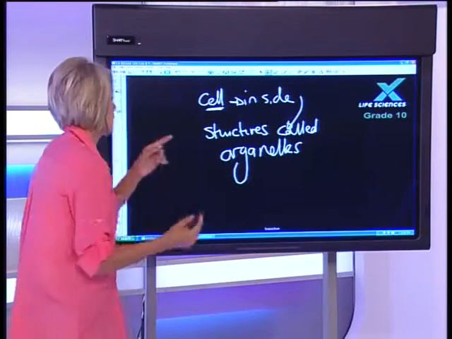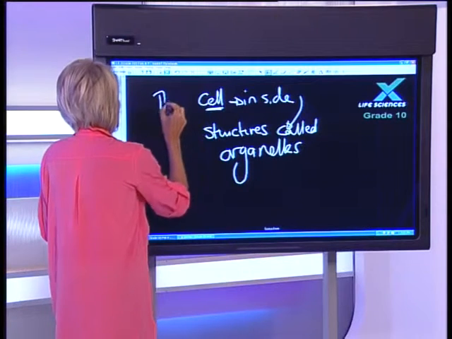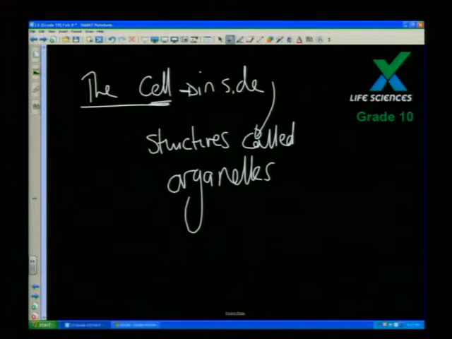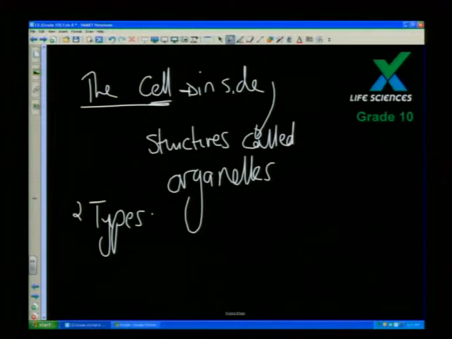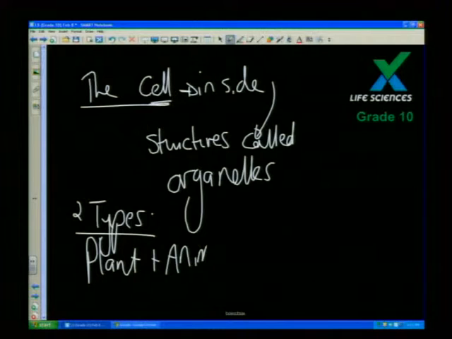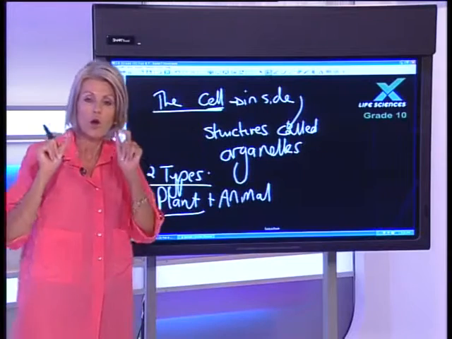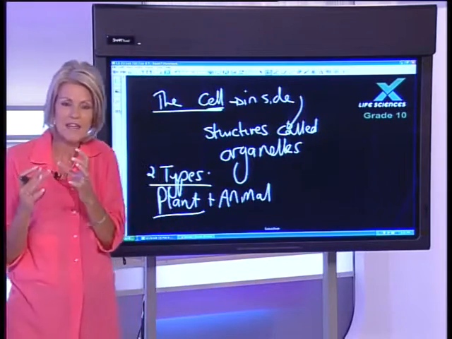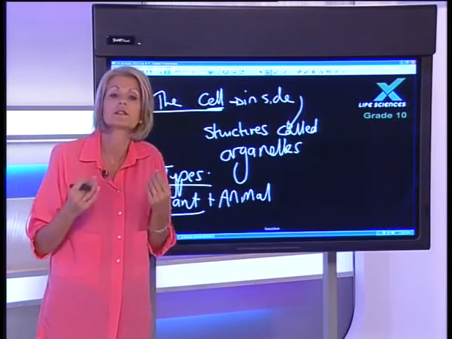So now we are going to be looking at the cell. And there are two types: plant and animal. So plant cells, you will find, are always classified, or any classification as a plant cell means it has a cell wall.